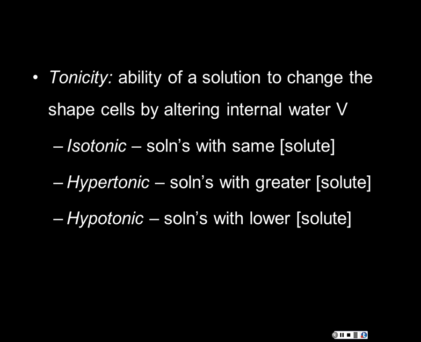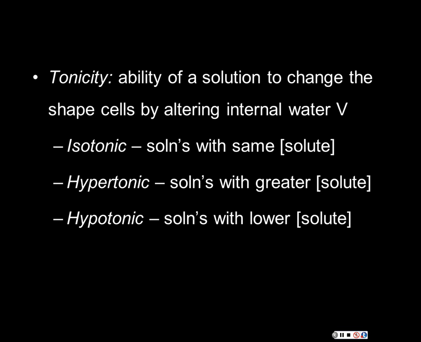Very good. Conversely, we know that we can fall out of ideal conditions, and solutions may become more hypertonic or hypotonic to one another. Hyper means what? More. Tonic means solute. So those solutions that have greater solute concentrations, if that's on the outside of the cell, like we did, we put our cells in a hypertonic solution.